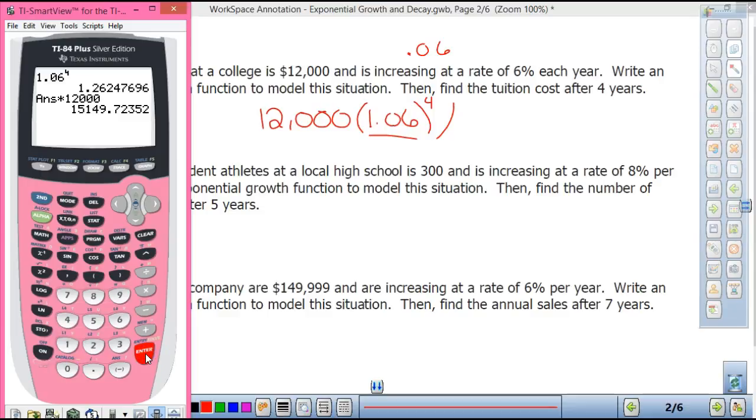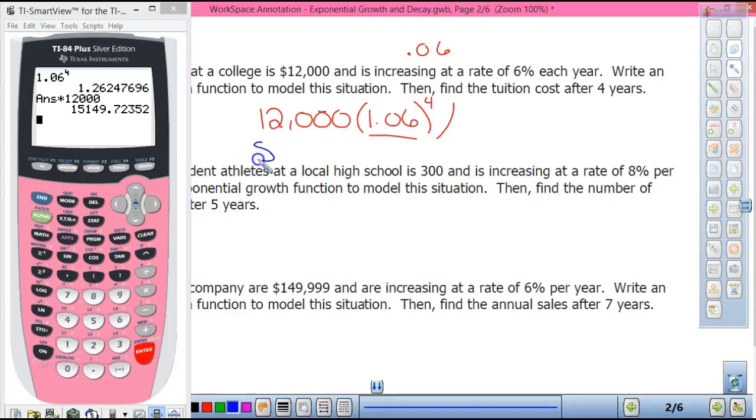And all of a sudden, 4 years later, how much is it going to cost for a year of tuition? $15,149.72. They have the cents in there. They would probably round it, but right, because it's just kind of a rough estimate right now. But in our case, we would.